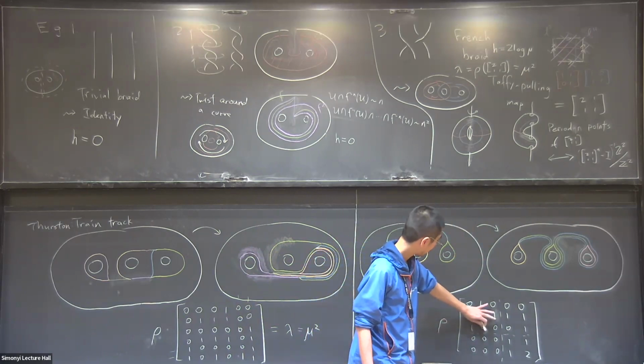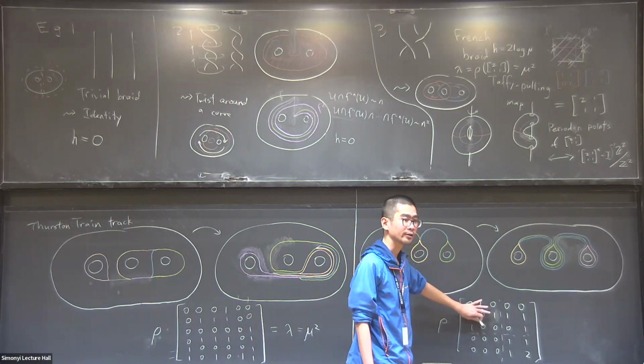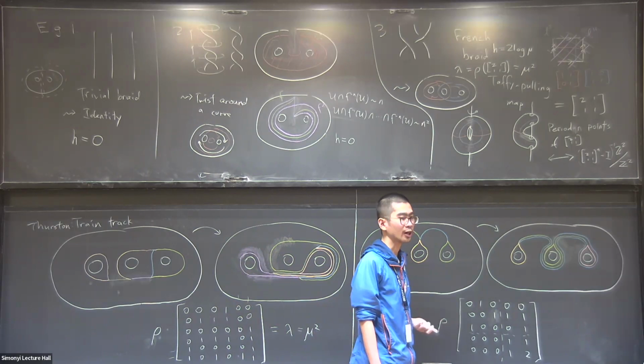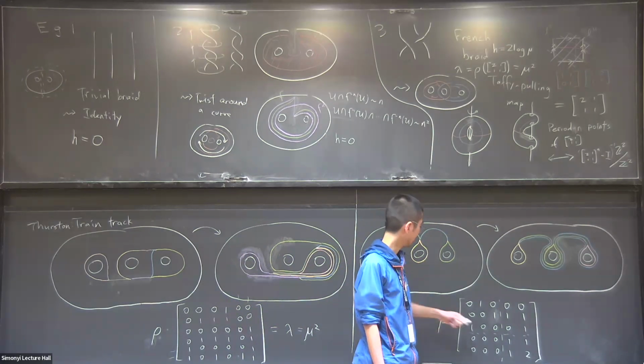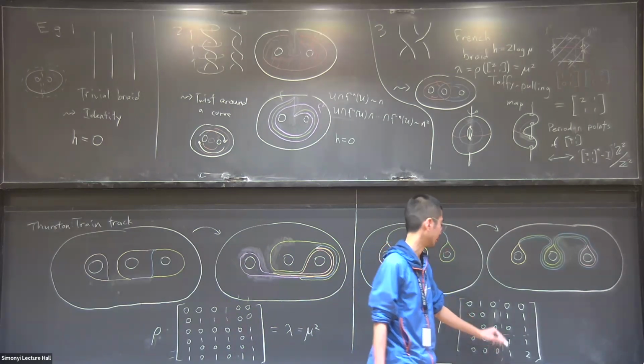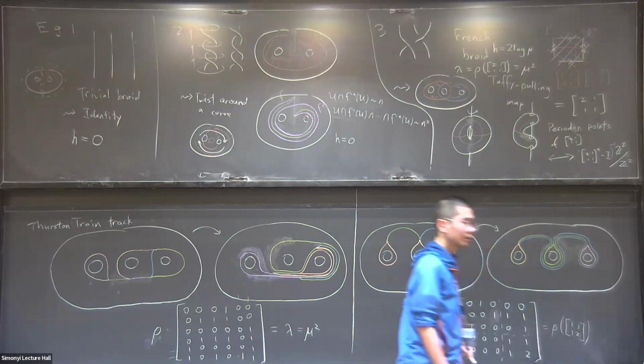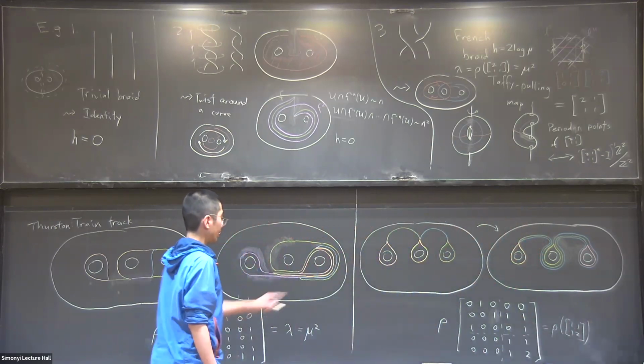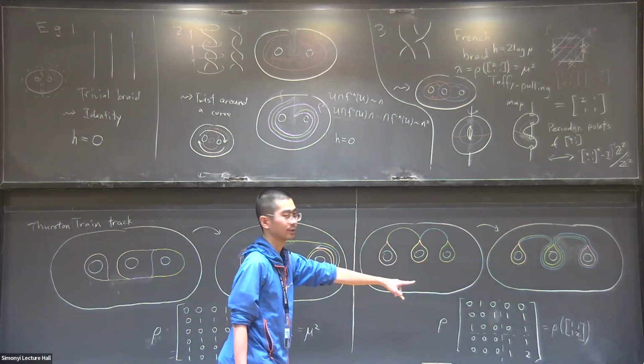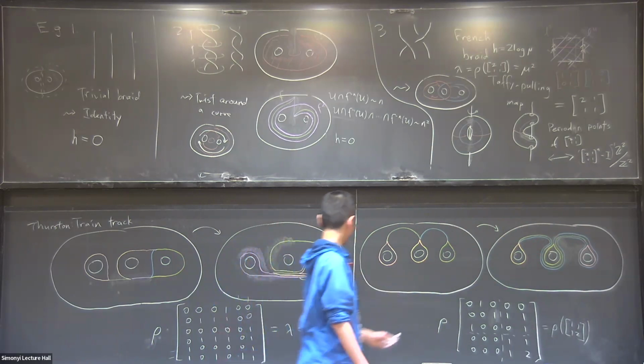And this block is 0. And this block up here is a permutation matrix. So all of its eigenvalues lie in the unit circle. And so somehow they don't really contribute to the spectral radius. So what really matters is this block down here. So I get a smaller matrix that encapsulates the dynamics of my map.